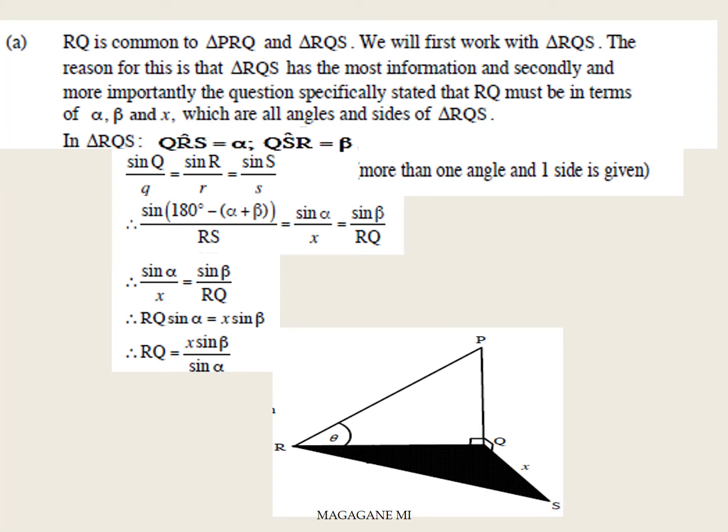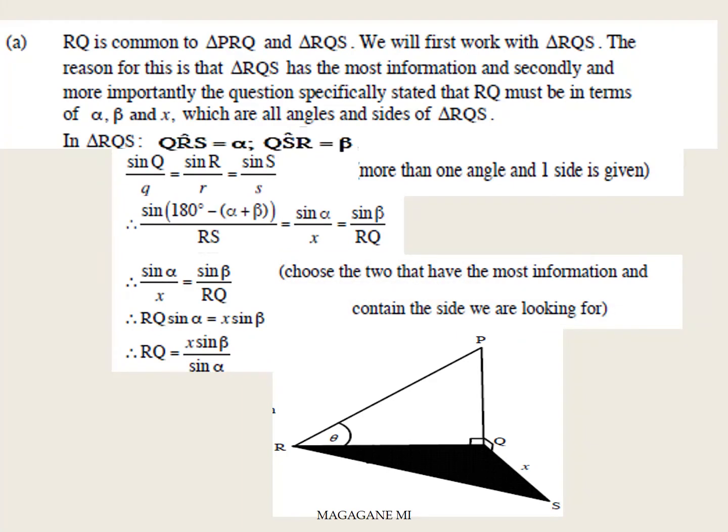Then we cross multiply, we get RQ sine alpha equals X sine beta. Therefore, RQ equals X sine beta over sine alpha. Therefore, our answer is in terms of X, beta, and sine alpha.